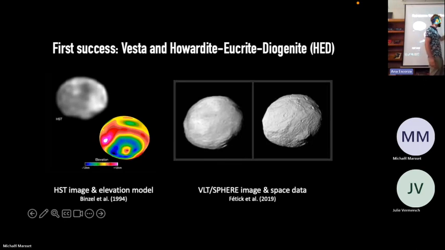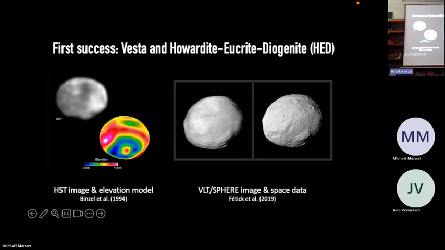So this central peak, and actually we can retrieve most geological features down to 20 or 30 kilometer size on the surface of Vesta. So we're actually doing geology and geophysics now thanks to SPHERE. It's pretty nice. I don't know how much time I have.